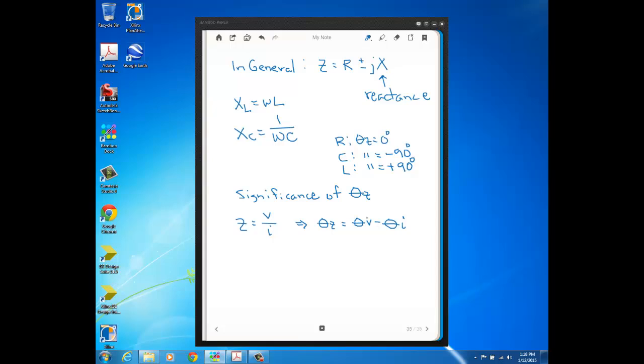So some pictorial representations of this I have on this handout here, where here is a phasor diagram, and don't let the term phasor diagram throw you. Remember, phasors are just like vectors. They have magnitudes and angles, so if you're more comfortable thinking of this as a vector diagram, that's perfectly okay, because it's essentially the same thing.